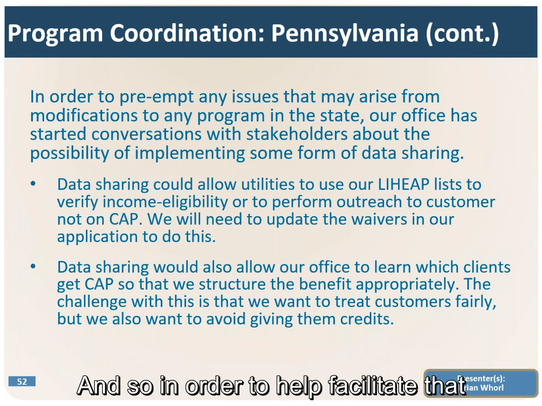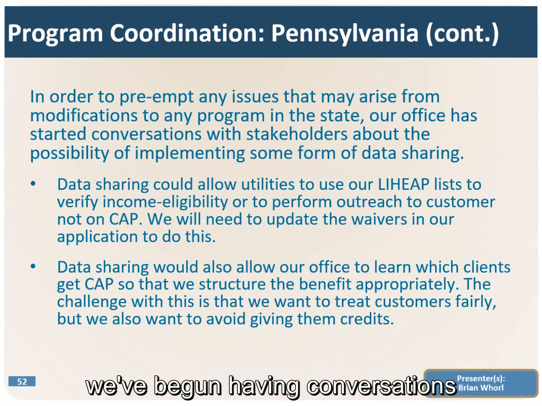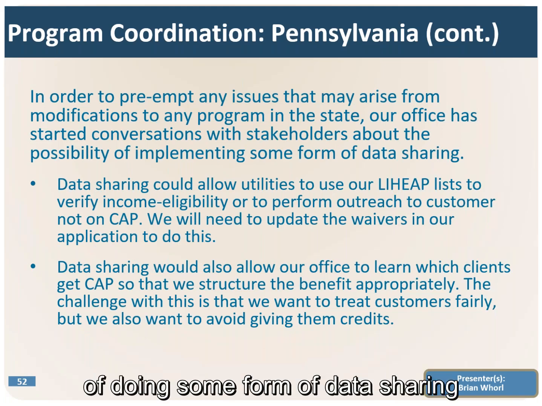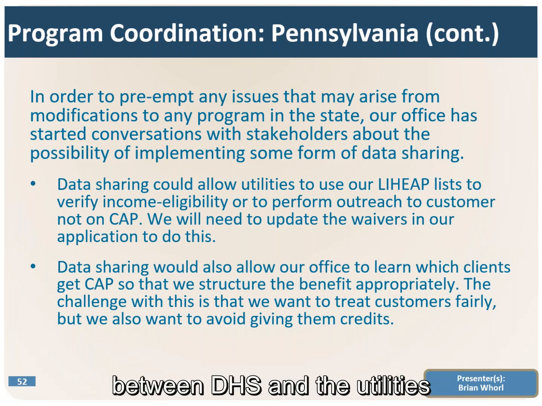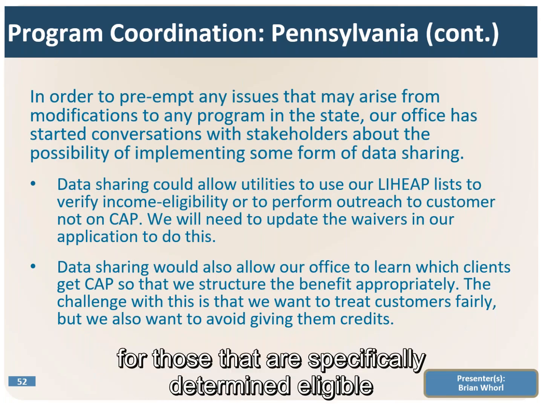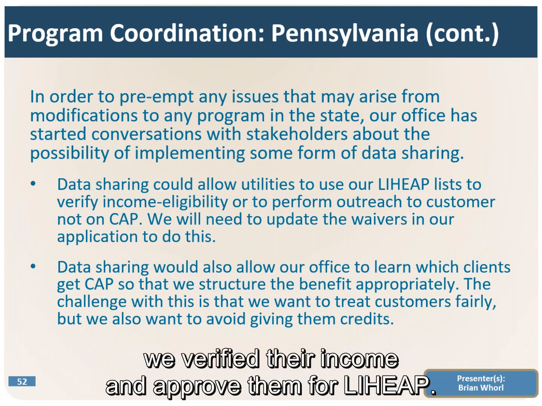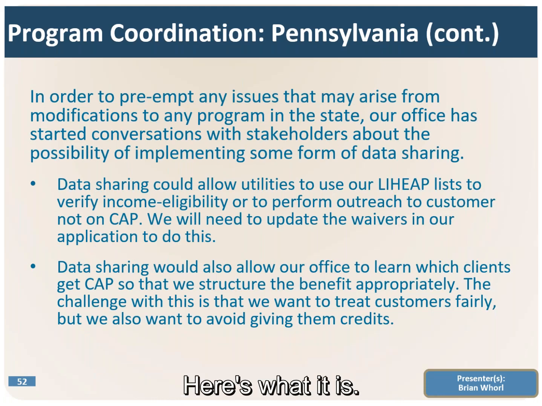And so in order to help facilitate that, we've begun having conversations with our stakeholders about the possibility of doing some form of data sharing between DHS and the utilities for those that are specifically determined eligible for that utility, to basically say, we verified their income and approved them for LIHEAP. Here's what it is, so that then the utility could potentially use that as a part of their outreach.